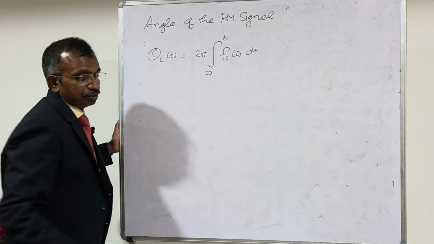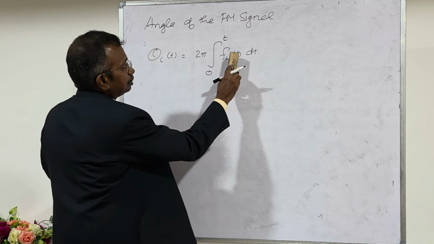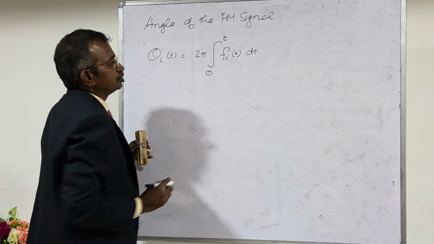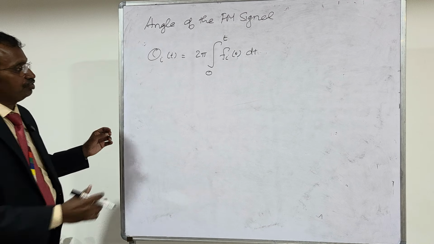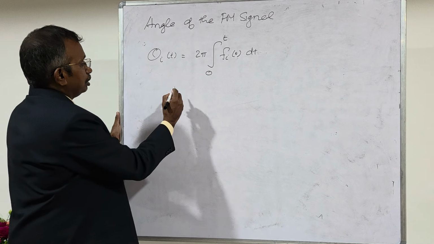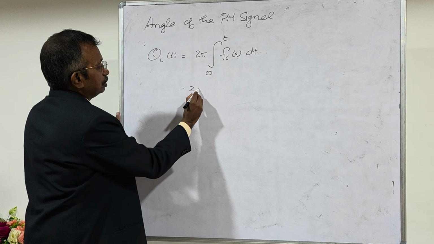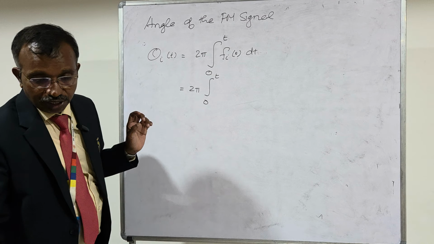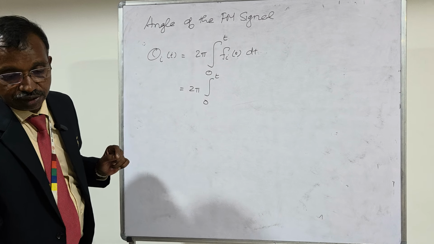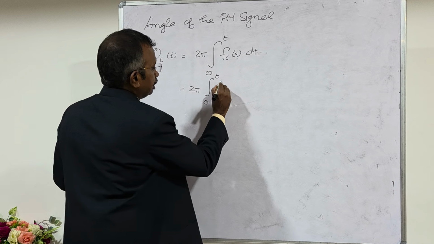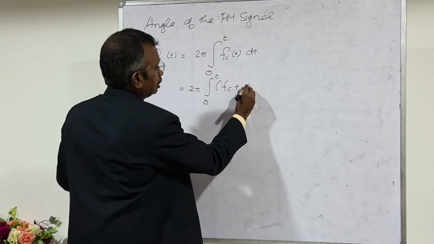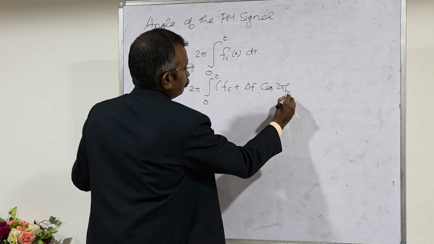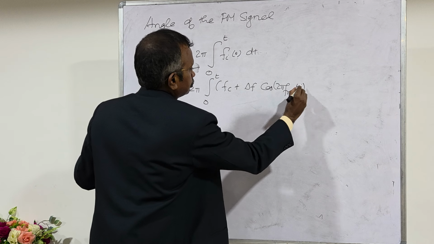So f i of t, already I derived that as fc plus del f into cos 2 pi fm into t. So theta i of t is 2 pi integral 0 to t of fc plus del f into cos 2 pi fm into t, into dt.